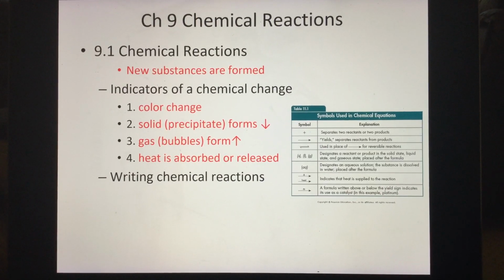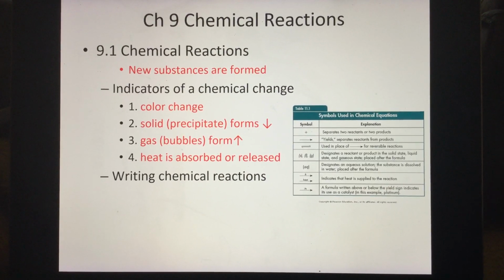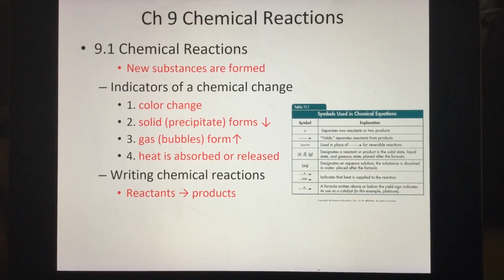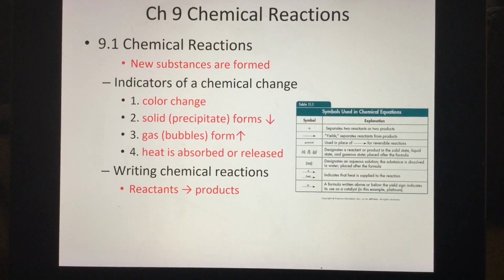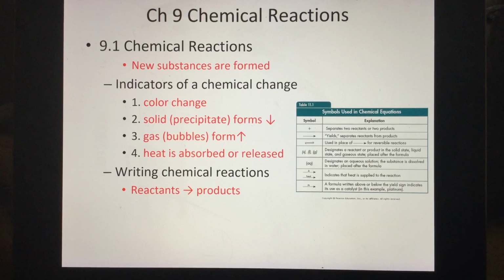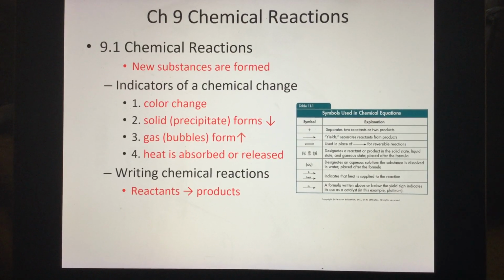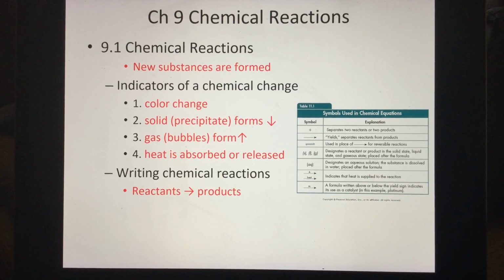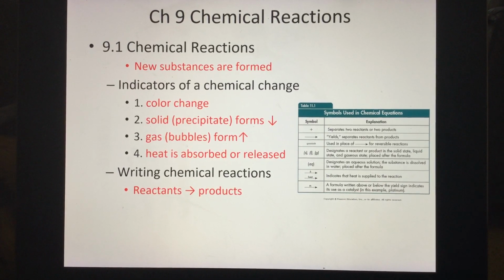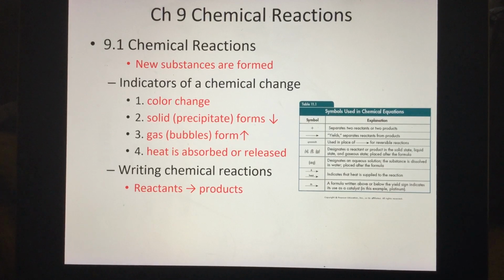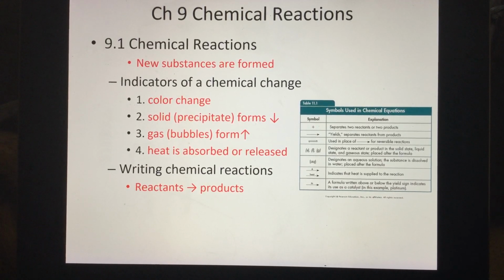So the way we set up and write a chemical reaction, we have to follow a few criteria. We always put the reactants, which are our starting materials, on the left side of the equation. And the products are ending materials. Those go on the right side of the equation. And we have an arrow, which is known as a yield sign.